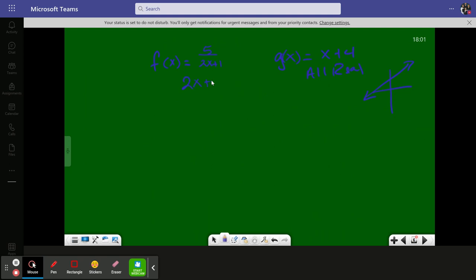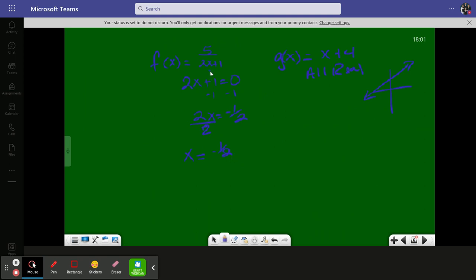Set it as 0, subtracting that 1 and dividing by that 2. So x cannot equal a negative 1/2.